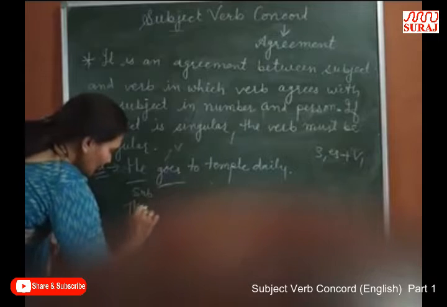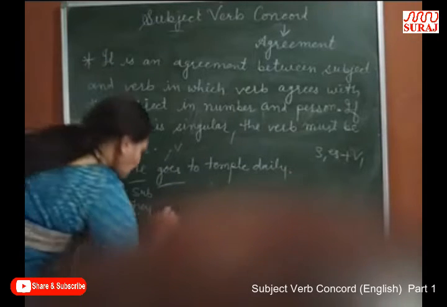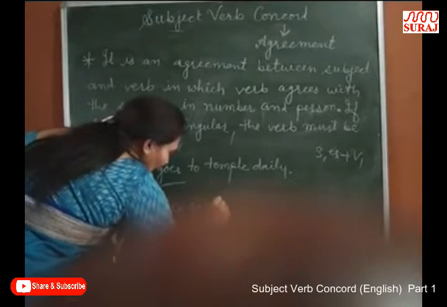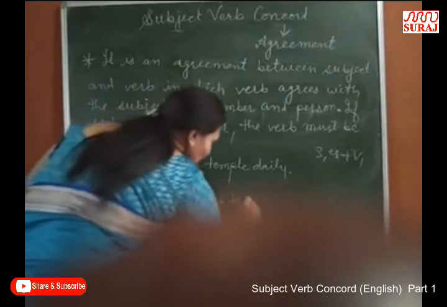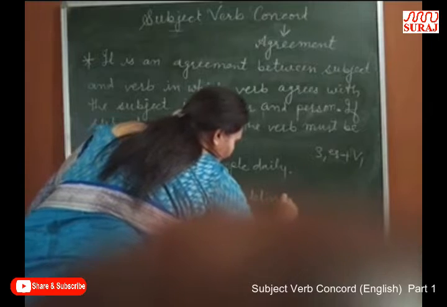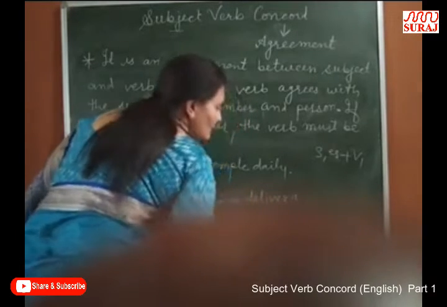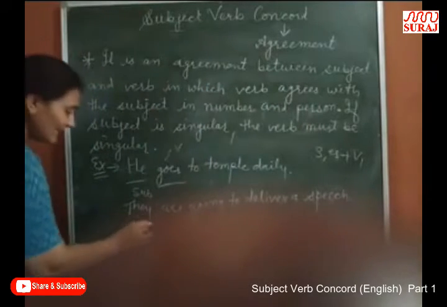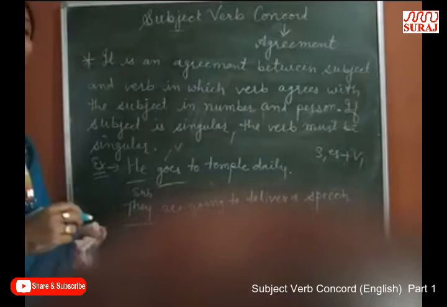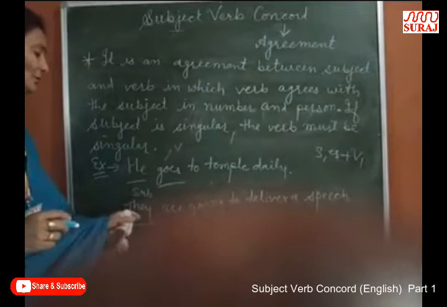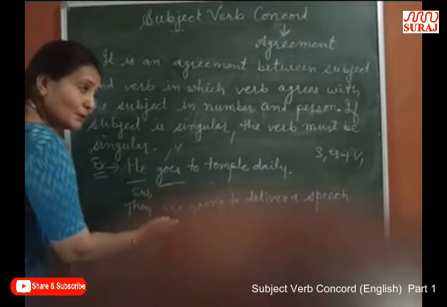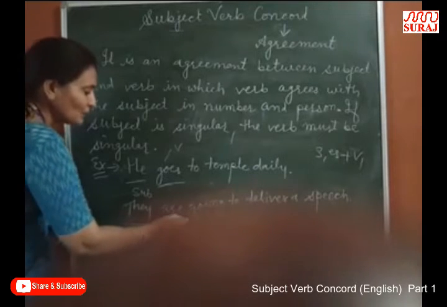Next, they are going to deliver a speech. In this example, the subject is in plural form, and if the subject is in plural form, the verb must be in plural form.